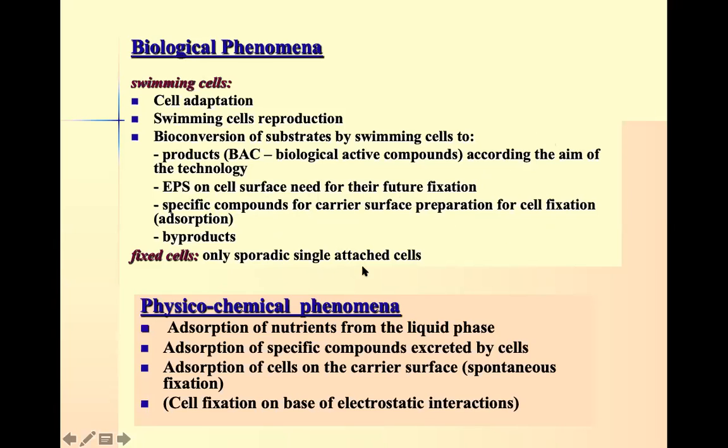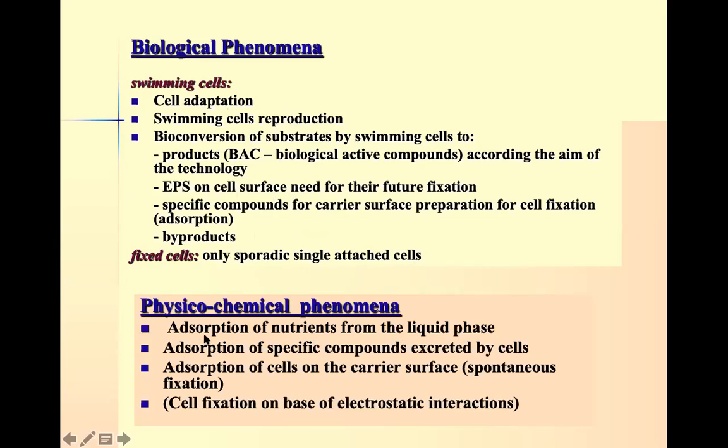So only sporadic single attached cells you can find fixed. Most of the cells are swimming, and swimming cells also do some function and test the environment, whether adaptable or not, or hospitable or not. Physicochemical phenomena at this stage: adsorption of nutrients from the liquid phase.